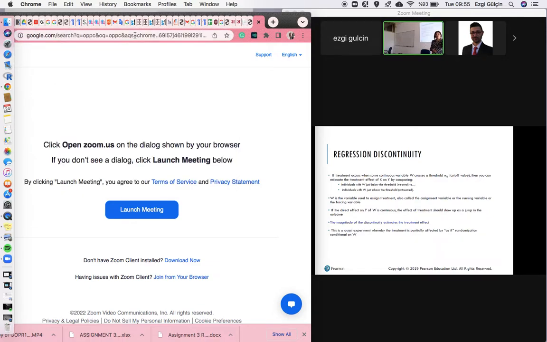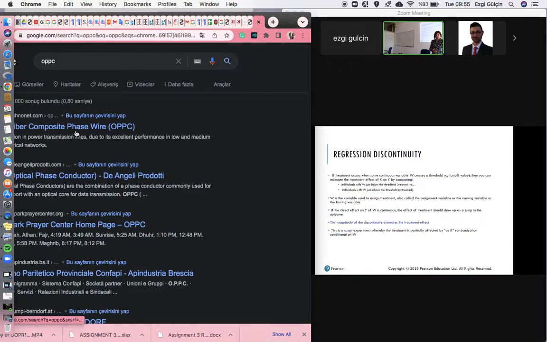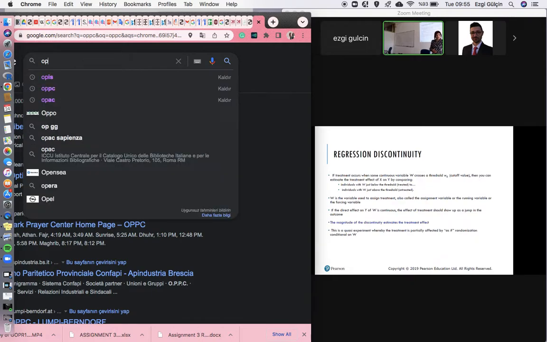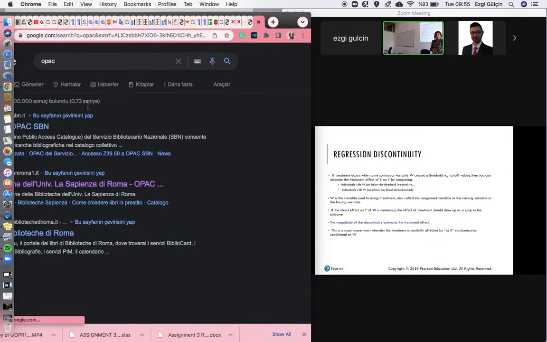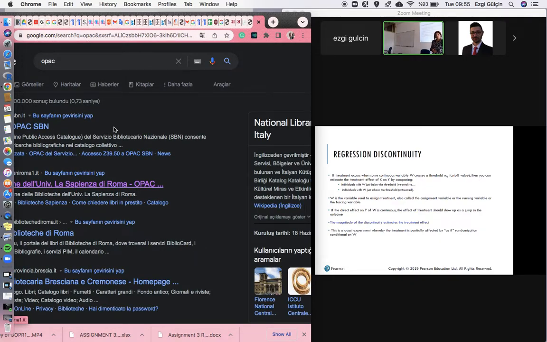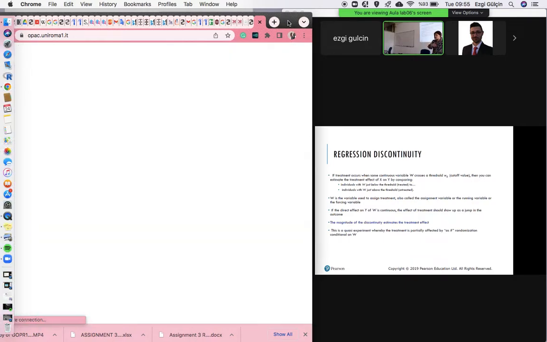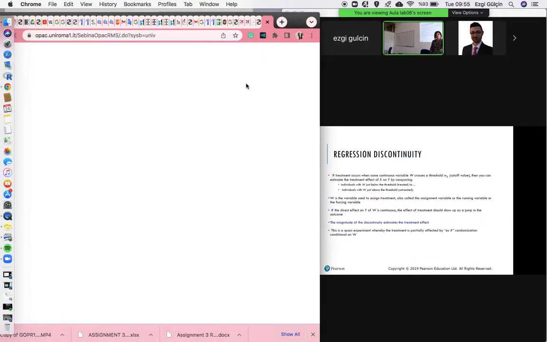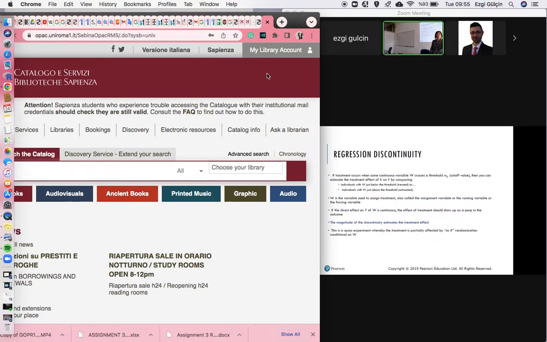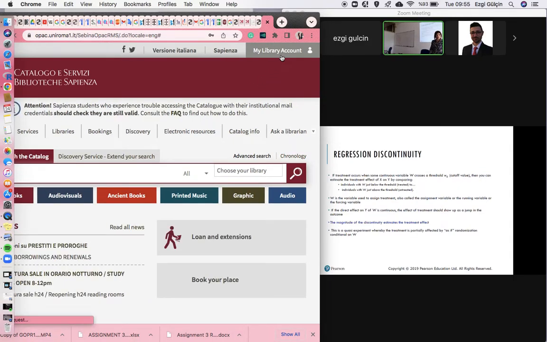Then your performance in terms of GPA next year, for example, compared to your performance, could depend only on whether you actually attended the summer school.